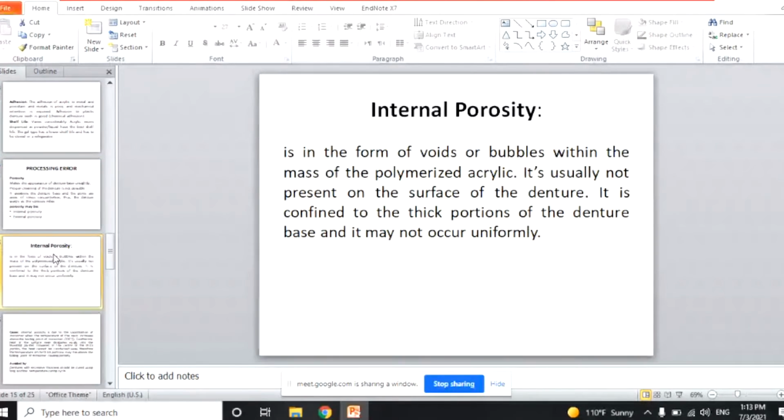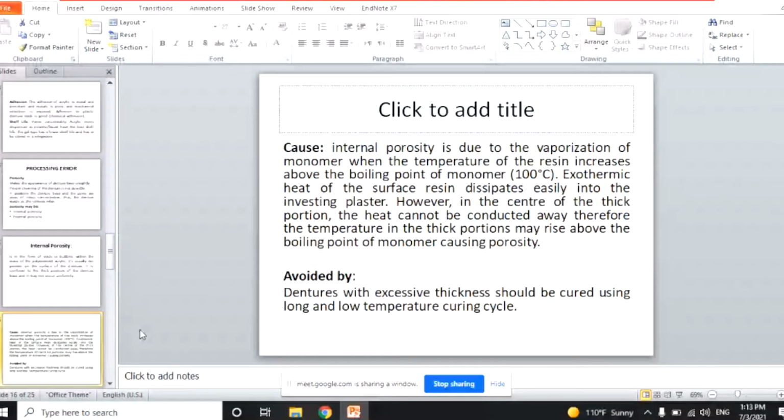Internal porosity, from its name, is from the internal surface of the denture base, usually in the thick section. What's the usual cause?